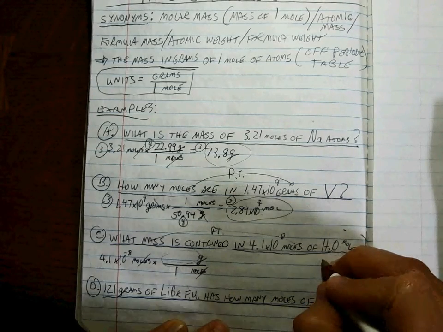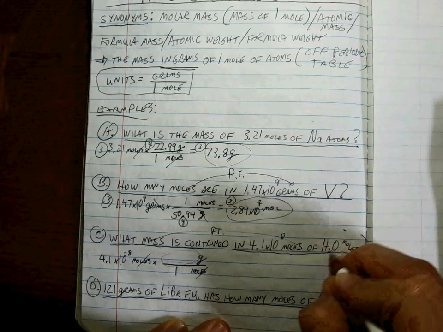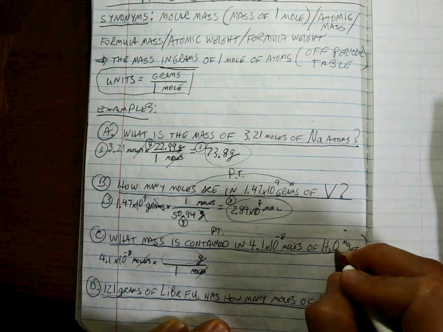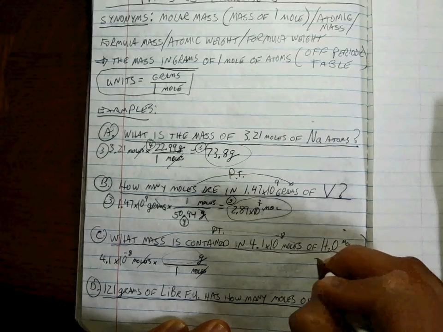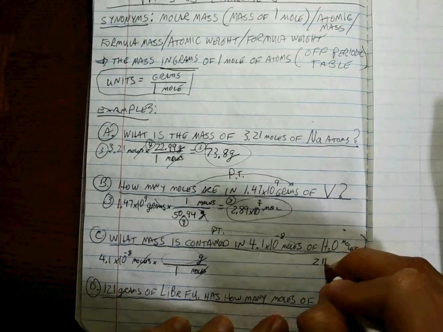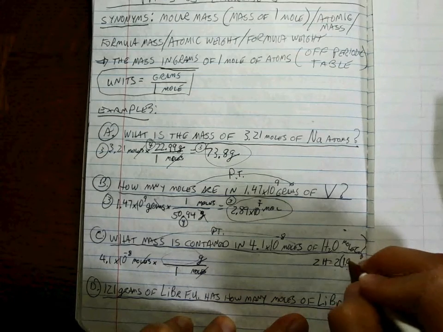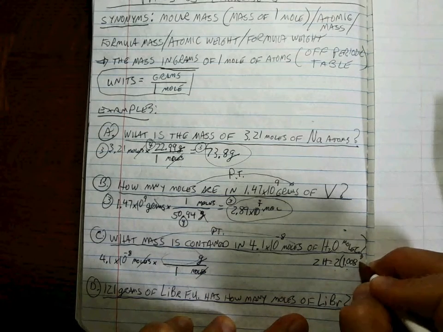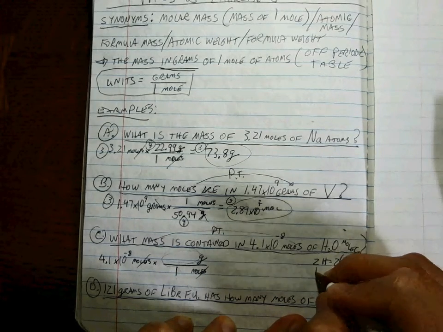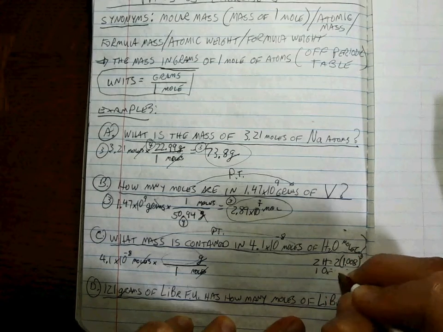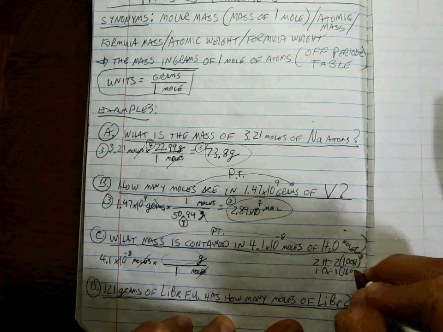And the way we take care of this is we add them together. Molar masses are additive. So we have 2 hydrogens, or 2 times 1.008 grams per mole, and 1 oxygen, 1 times 16.00.